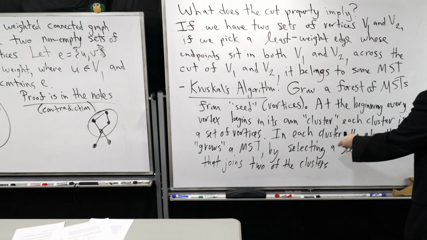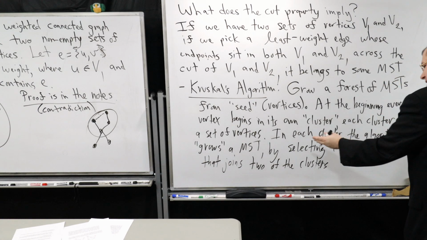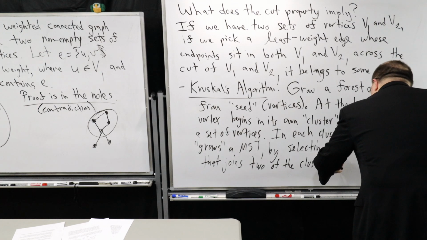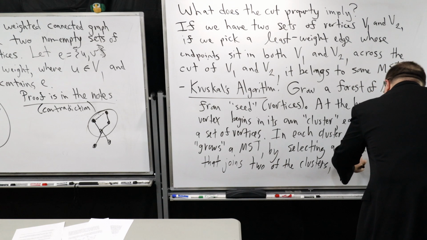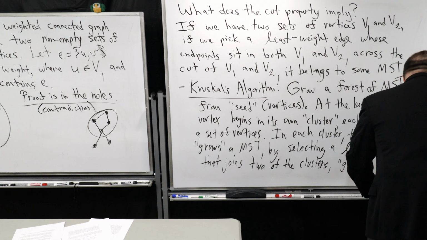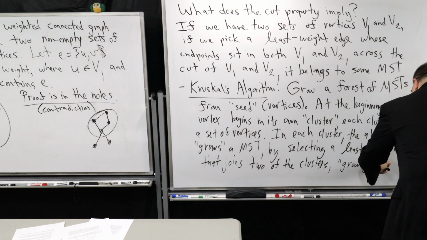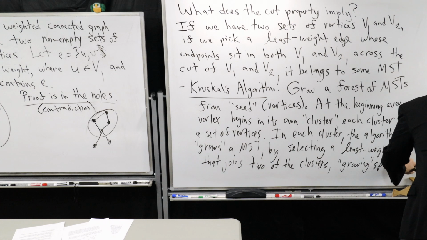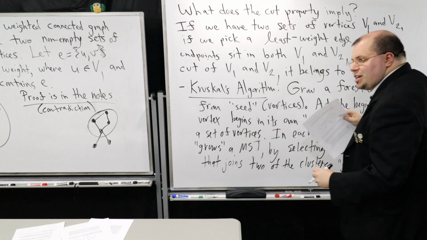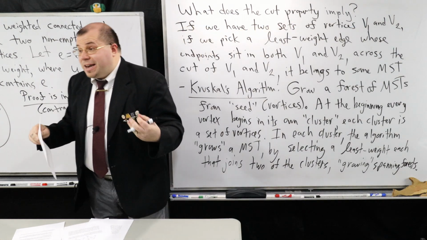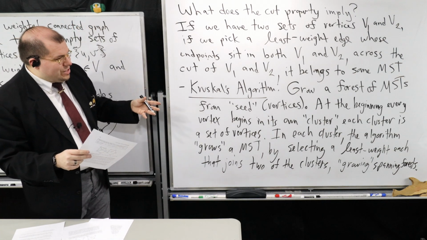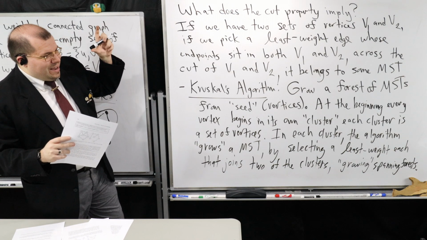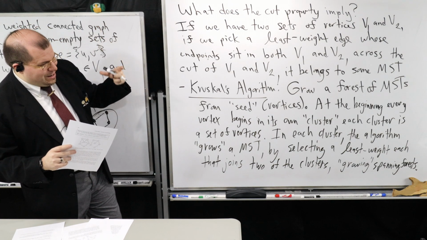Joins two of the clusters, growing spanning forests. So we're going to have spanning forests that are eventually going to become a spanning tree by repeatedly merging them, by simply picking a least weight edge every single time such that I don't create a cycle.